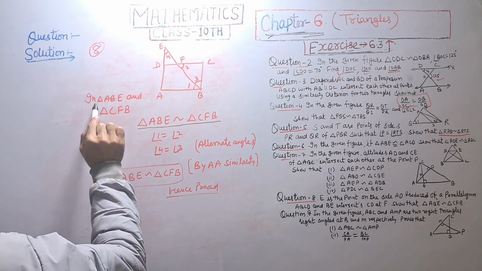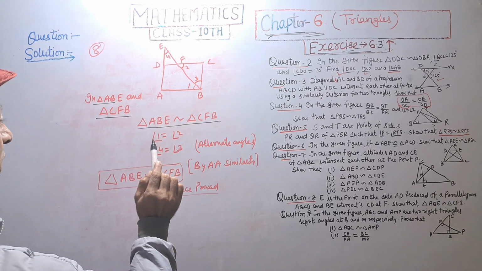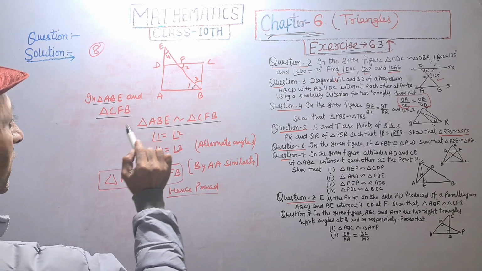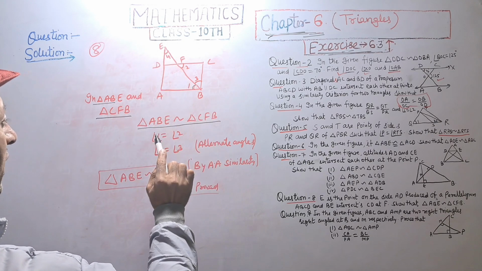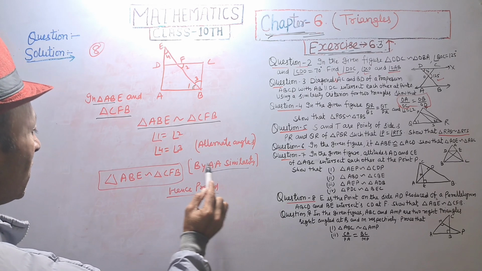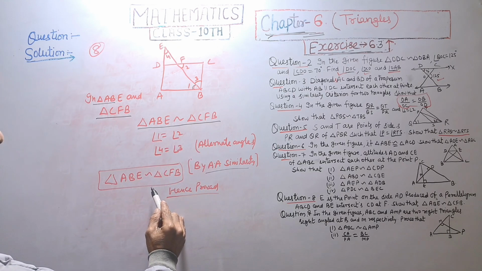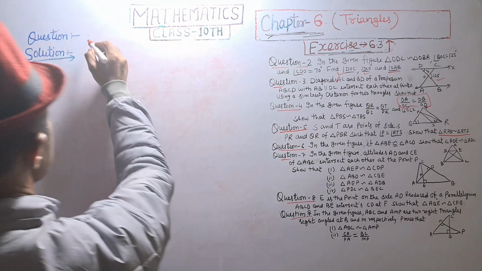In triangle ABE and triangle CFB, angle 3 is equal to angle 4, alternate angles, which are equal. By angle similarity, triangle ABE is similar to triangle CFB, hence proved.